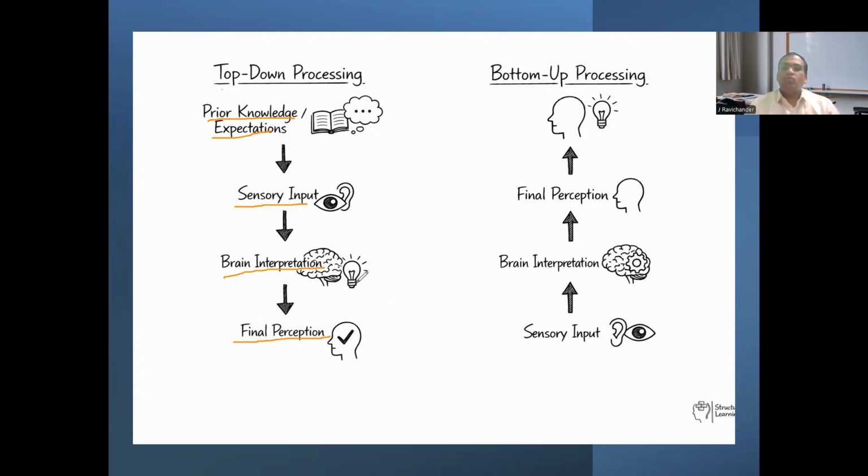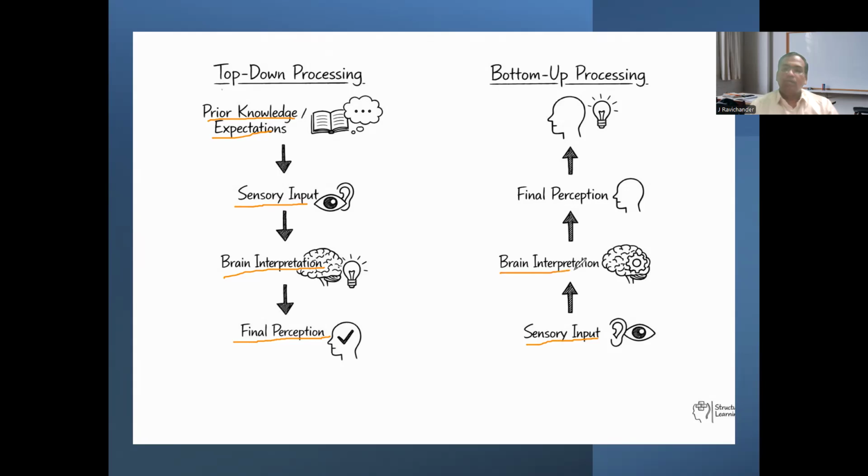Then coming to bottom-up processing. In bottom-up processing, first we will take the data from the sensors like ears, what we hear, what we see. Based on that, we take the input.